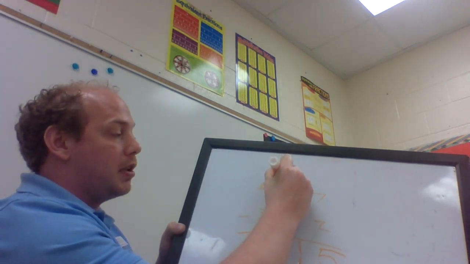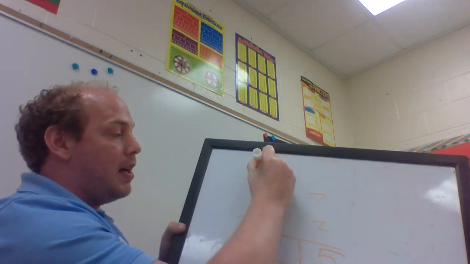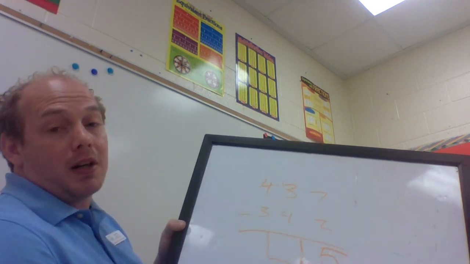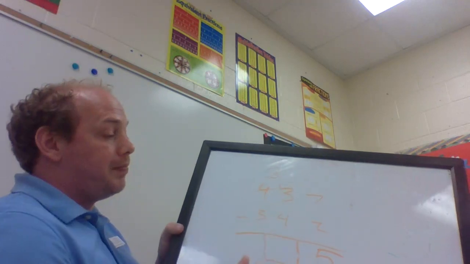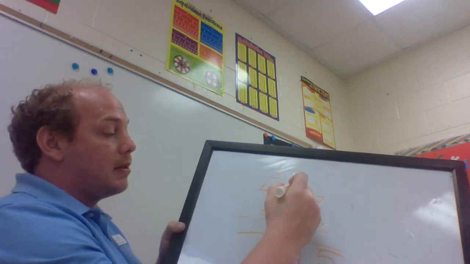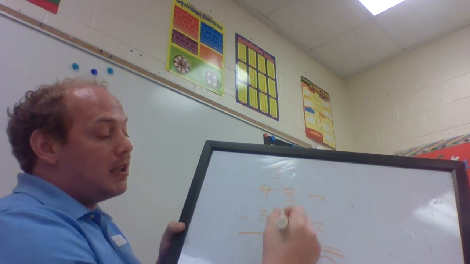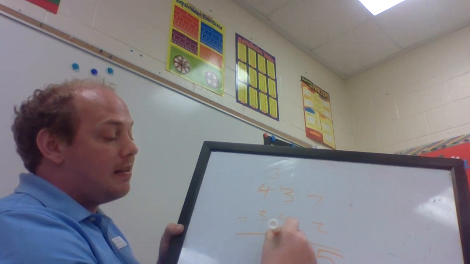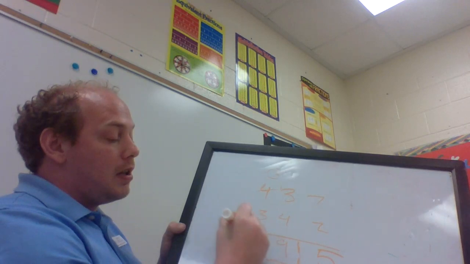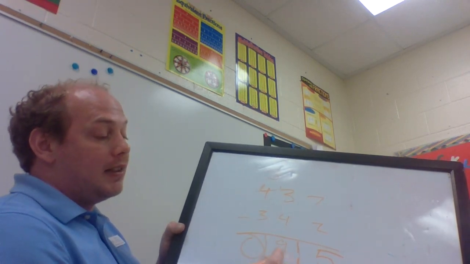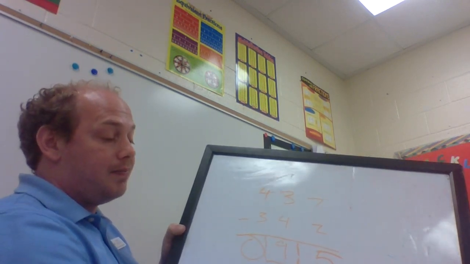And the cup of sugar that you borrow goes right here. And instead of having 4 cups, now we only have 3 cups. Now we're ready to subtract. 13 minus 4 is 9. And 3 minus 3 is 0. So our answer is 95.